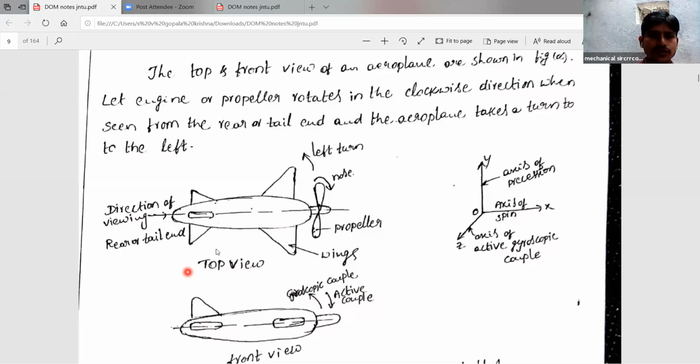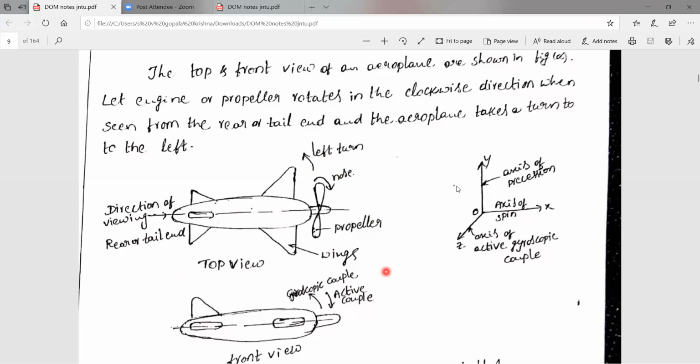All of you observe this diagram. Very, very important. All of you observe this condition. That is our simple one line condition. The propeller rotates clockwise when viewed from the rear end, and the plane takes a left turn. So if you observe these two, did you observe my mouse indicator?